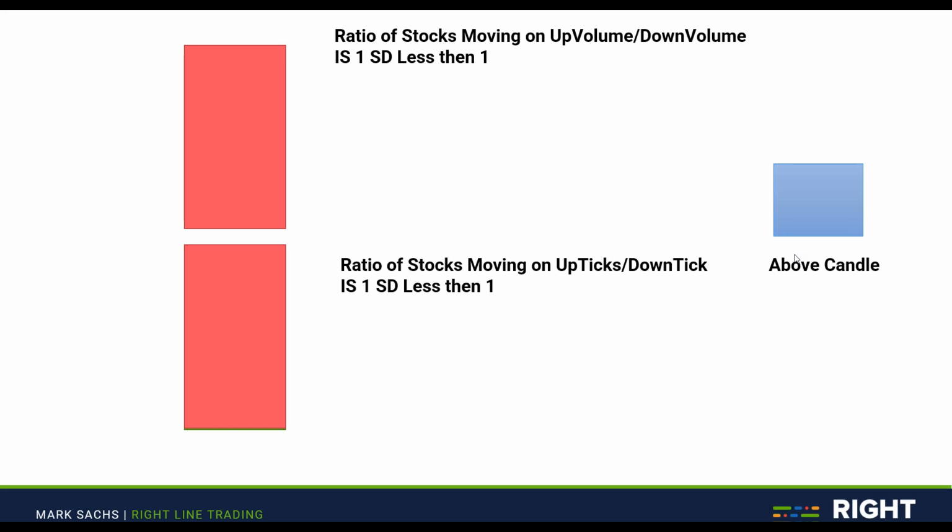So when we see that signal above the candle and it involves the Russell or the S&P 500, we know that that must be telling us that big institutional money is applying a lot of money to the downside to get the vast majority of stocks down ticking on down volume.